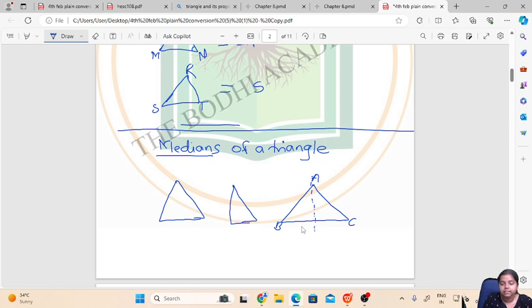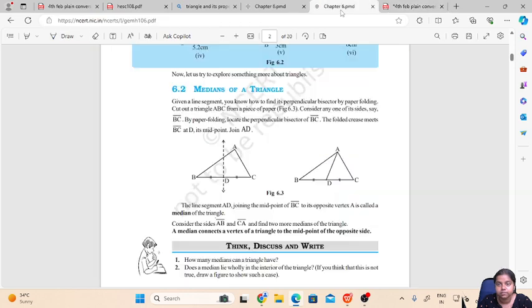And this line we have to join from the vertex A, with the help of a ruler and pencil, from A to the point which bisects the side BC. And this line is called the median.